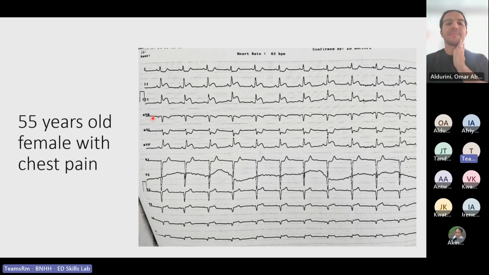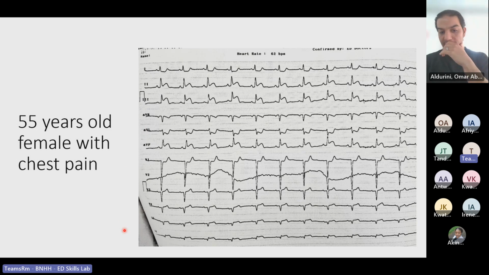Anyway, in this ECG, we are looking at ST segment elevation in lead 2, lead 3, and lead AVF. You can see that the J point is higher than the baseline in these 3 leads. And we are looking at ST segment depression in lead 1 and lead AVL as well.